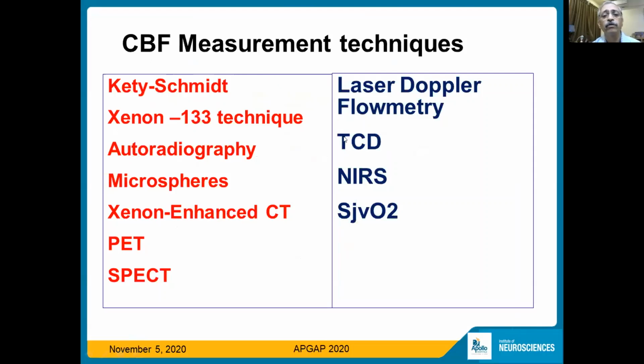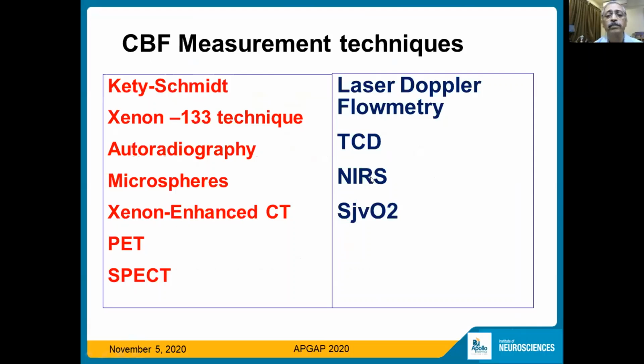For measurement of cerebral blood flow, we basically have various invasive and non-invasive techniques. TCD is a bedside non-invasive technique which is routinely used, though it does not give the absolute values of cerebral blood flow. It gives flow velocities, and velocities are translated into blood flow.